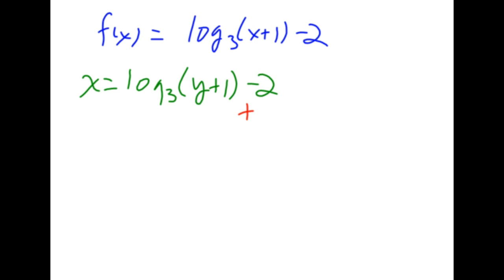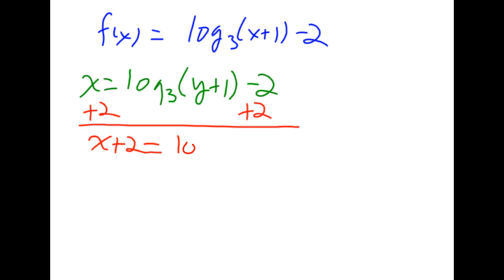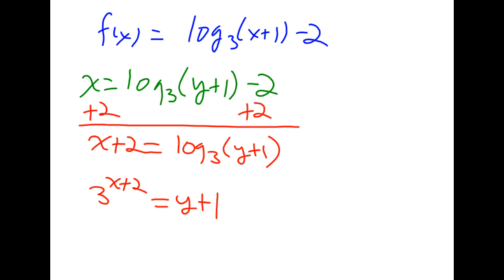So I'm going to add the 2 across. I get x plus 2 equals log base 3 of y plus 1. I now rewrite this in exponential form. This would say 3 to the x plus 2 power equals y plus 1. Subtracting the 1 across, I get the inverse, y equals 3 to the x plus 2 power and then minus 1.